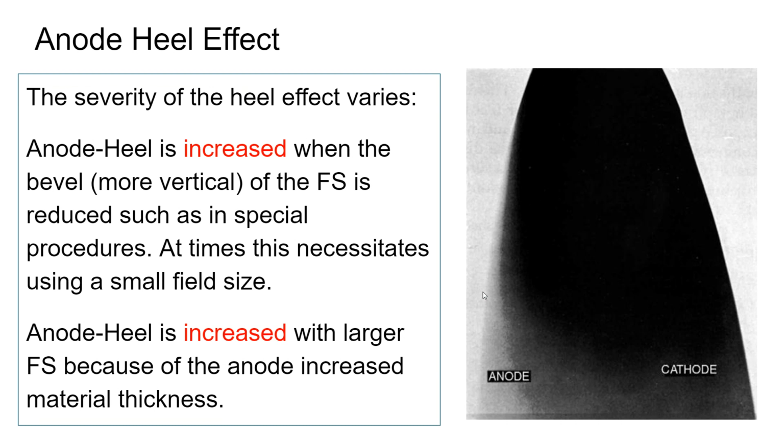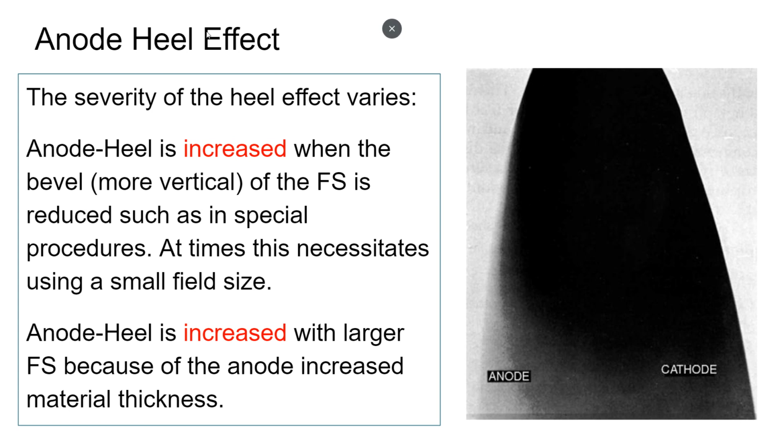So the angle of the anode will also have a relationship to the amount of anode heel effect you have. So the more vertical, right, a decreased angle of the focal spot is going to give you more anode heel effect. Essentially, the severity or the amount of anode heel effect you get is based on the angle of the anode.